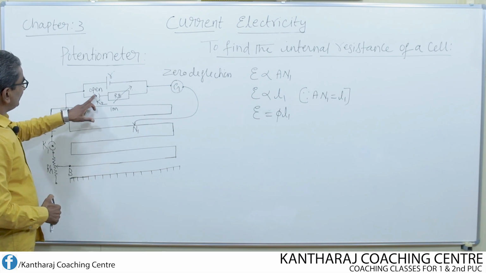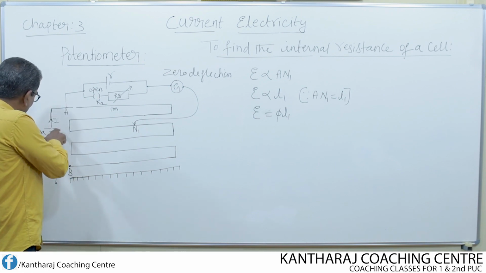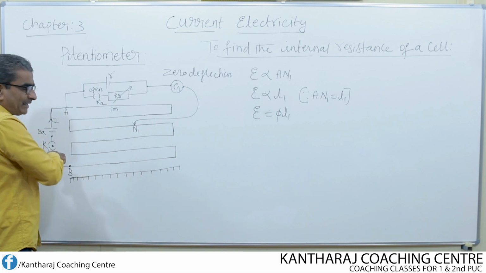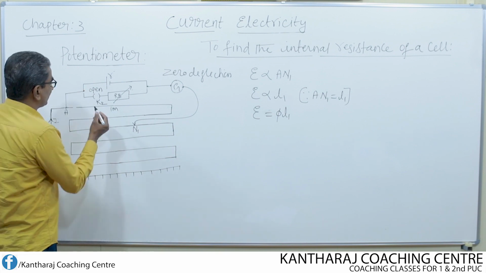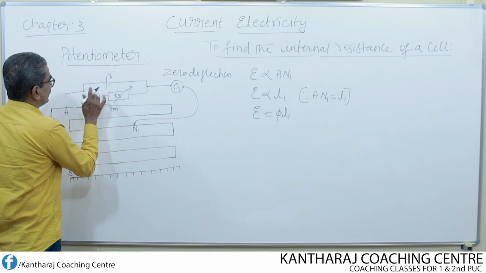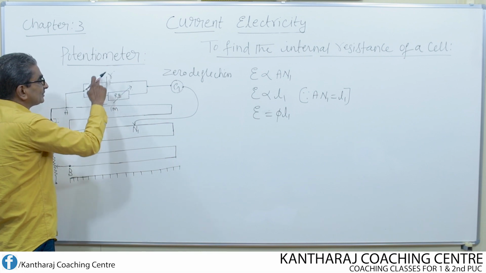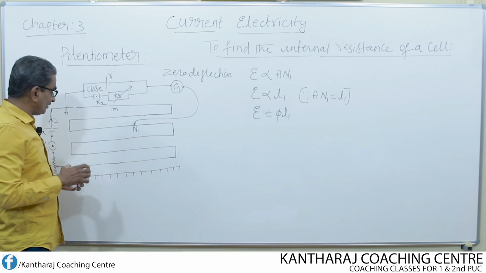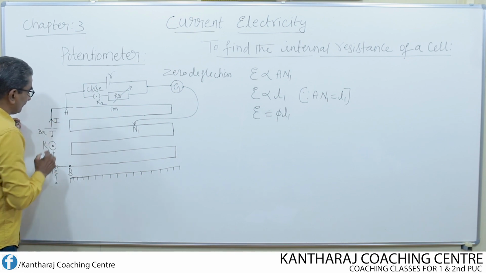Initially, when K2 is open, current is drawn only from this battery, that means from the primary circuit. Now, when we close this K2, current is also drawn from this cell along with the battery of the primary circuit.